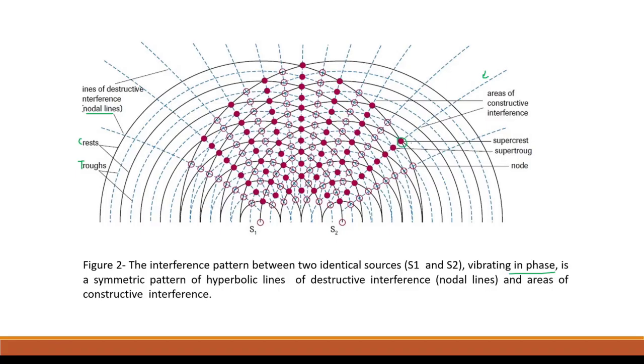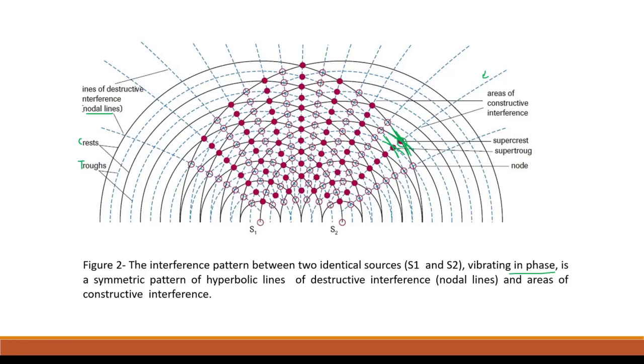If you take a look at this one, for example, you'll notice that we have a crest from one of the sources and a crest from the other, and they cross and they make a super crest. Likewise, we have a trough from one, trough from the other source, and they line up and make a super trough.